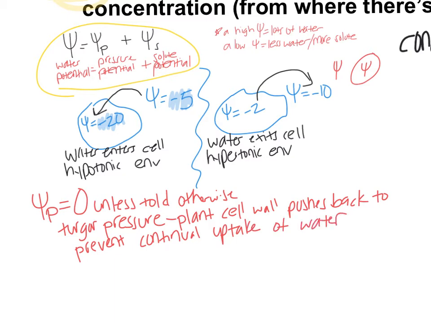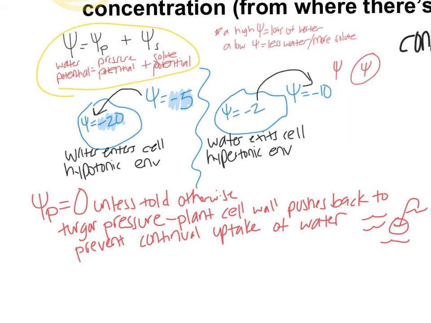Now, if we think about this, if I have a plant cell and I am going to give it pure water, by definition of osmosis, water should continue to flow into that cell because I'm watering my plant with pure water, which is what we always pretty much do. We water plants with just plain water or the rainwater.